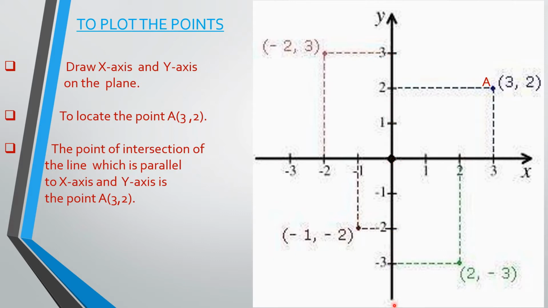Here the point A(3, 2) means the x coordinate is 3, this is 1, 2 and 3, and the y coordinate is 2. The point of intersection of the line parallel to the y-axis and the line parallel to the x-axis is the point A(3, 2).